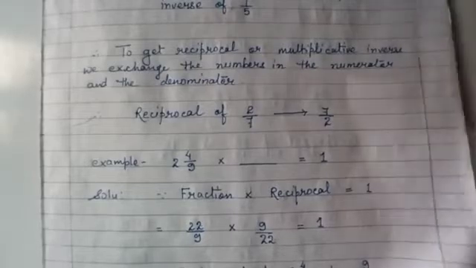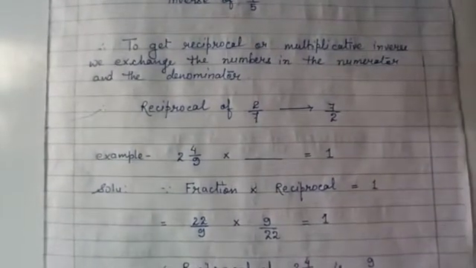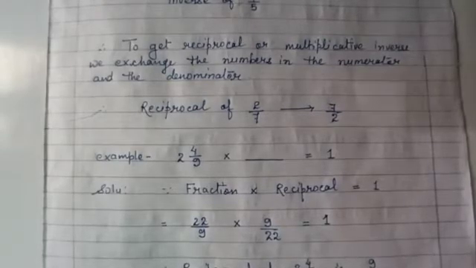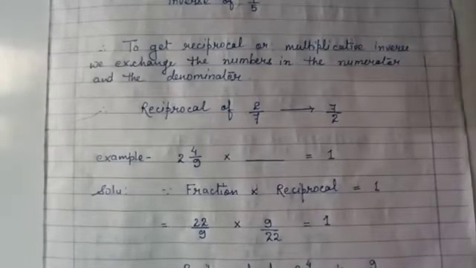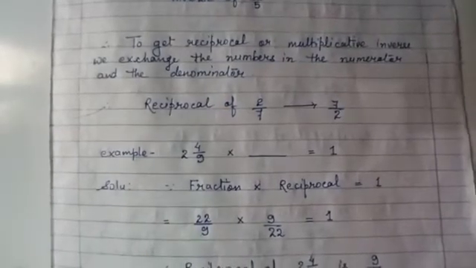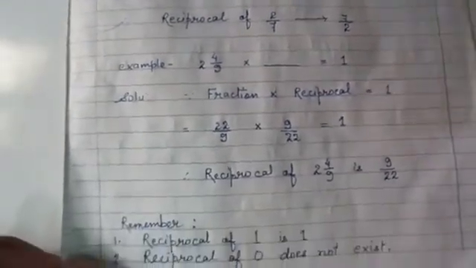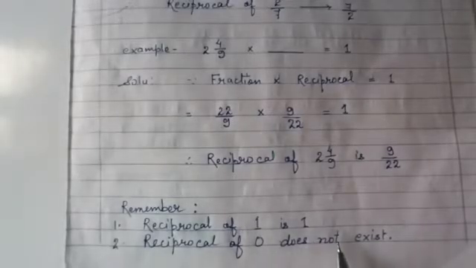Reciprocal of a whole number: suppose we have to find the reciprocal of 5. 5 means 5 upon 1. Therefore the reciprocal will be 1 upon 5. Here you have to remember that the reciprocal of 1 is 1 because 1 into 1 is equal to 1.